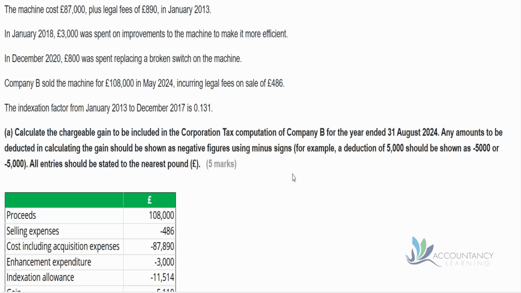And looking at the indexation factor, it's from January 13 to December 17, because indexation allowance only goes up until December 2017. So as that enhancement expenditure was incurred after December 17, then indexation allowance doesn't apply there. And so we only apply the indexation allowance for the original cost and not the extra £3,000.